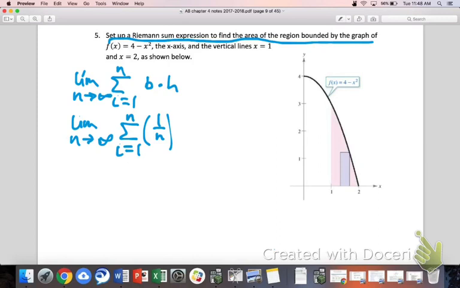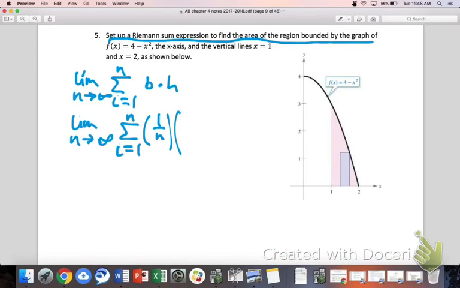So the height is going to be determined, Hannah, by what? Say again? Close. I agree with your f of x concept, but it's not that we're going to be plugging the base length into f of x. That's going to be part of it, isn't it? What tells the rectangle how high to be? The curve, right?